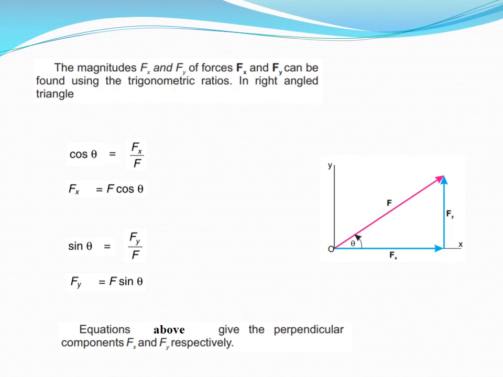Similarly, using the trigonometric ratio sine, sine theta equals perpendicular over hypotenuse, that is Fy over F, so taking F to the other side, Fy equals F sine theta. So Fx equals F cos theta, the horizontal component of the force, and Fy equals F sine theta, the vertical component. These equations give the perpendicular components Fx and Fy respectively.